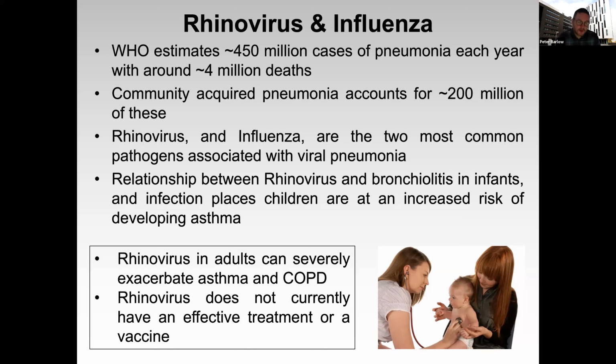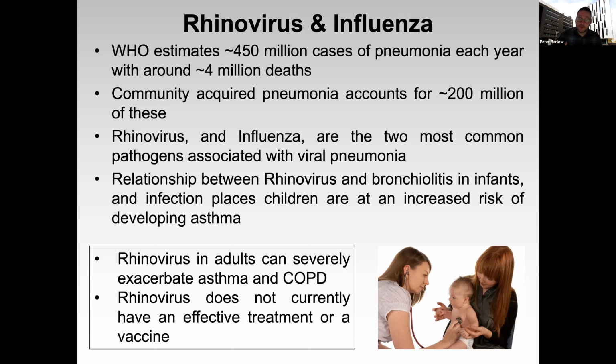But also, it's been shown that rhinovirus infection can place children at an increased risk of developing asthma in later life. If you're an adult and you have a pre-existing lung condition like asthma or chronic obstructive pulmonary disorder, and you catch a rhinovirus infection, it can be quite life-threatening.